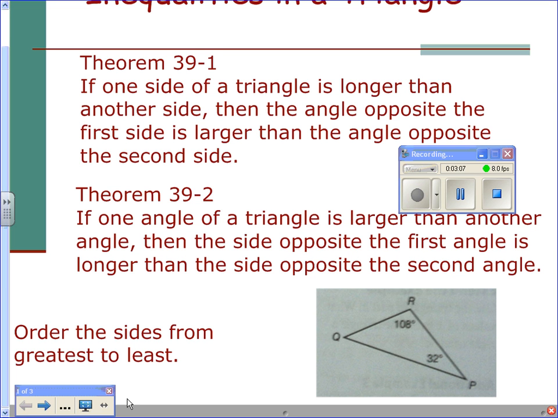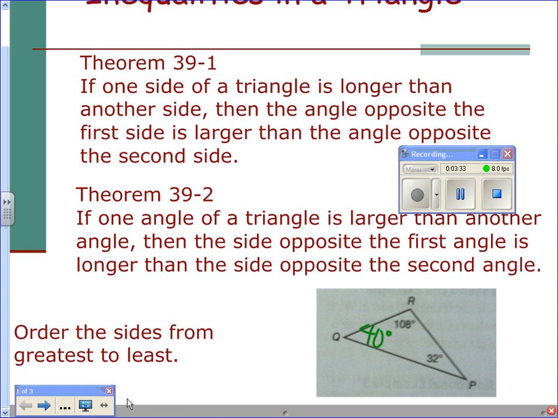So see if you can figure out what the value of angle Q would be. What would it be? Does that make sense?